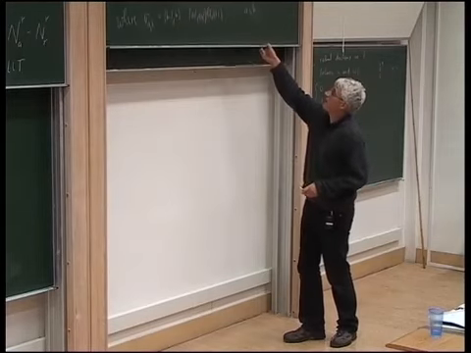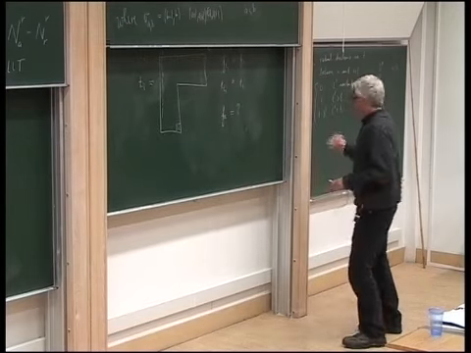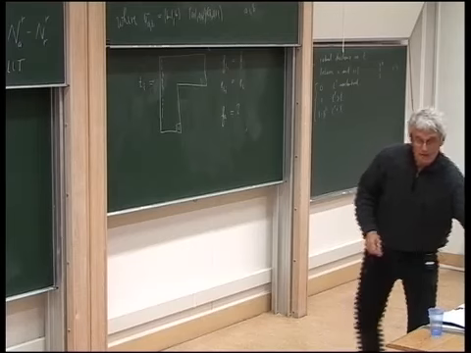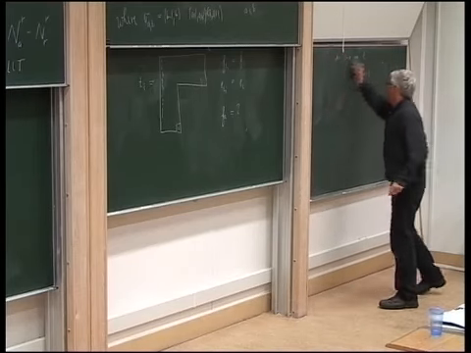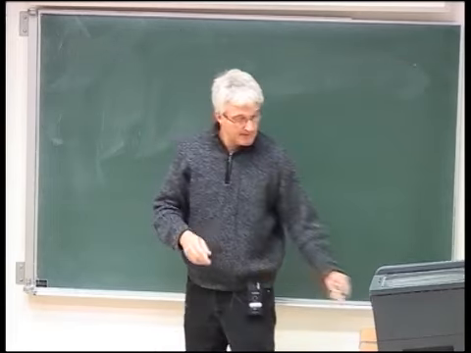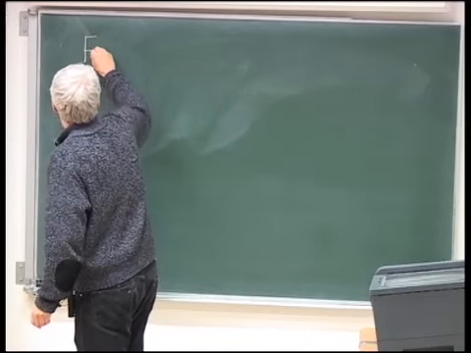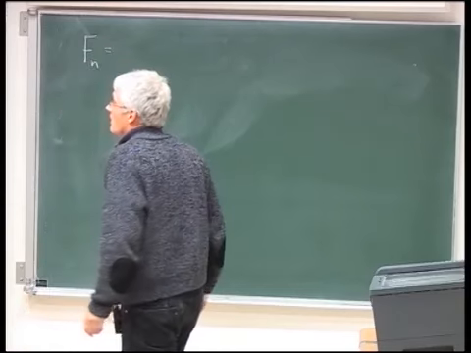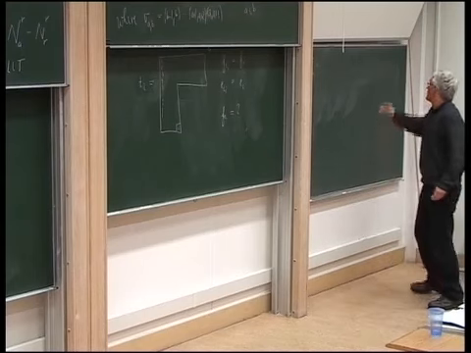And now I can write down and I do it there. Now I'll write down Fn, set Fn to be equal to... I've now used all these operators. I've started with E lambda.